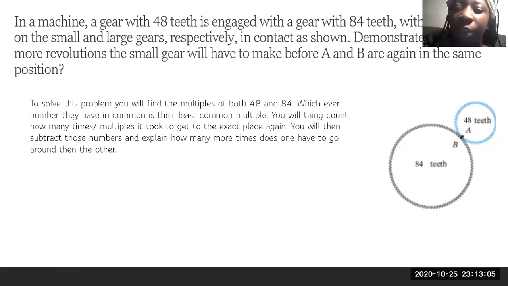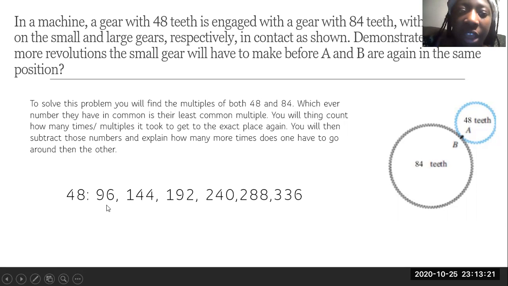So find the multiples of 48 and 84. And then whatever number they have in common is how many times it'll take for it to get there. And then we'll have to subtract them to see how many times one would have to go to complete the other. So 48 is 96, 144, 192, 240, 288, and 336.